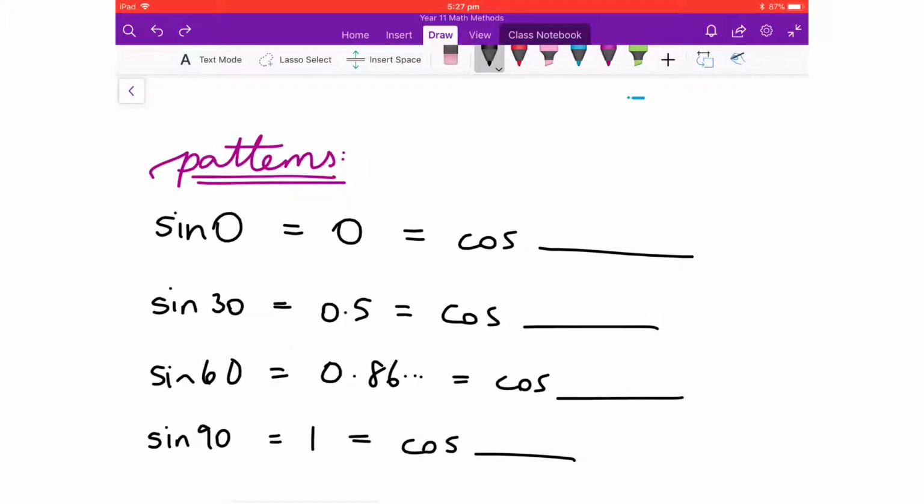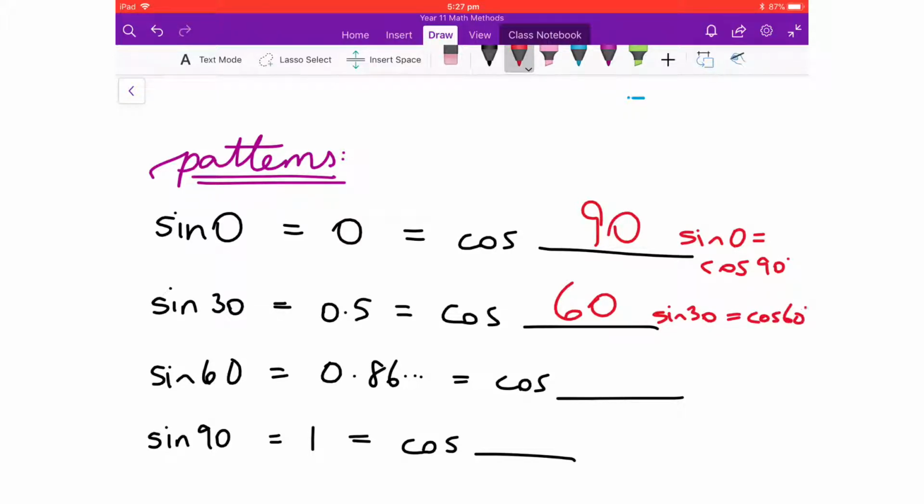Sine 0 is equal to 0, which is equivalent to cosine 90. I'm going to put it in red. So we could say sine 0 is equal to cosine 90. Let's do our next one. Sine 30 is equal to 0.5, which is actually equal to cosine 60. So sine 30 is equal to cosine 60. Okay, let's do our next one.